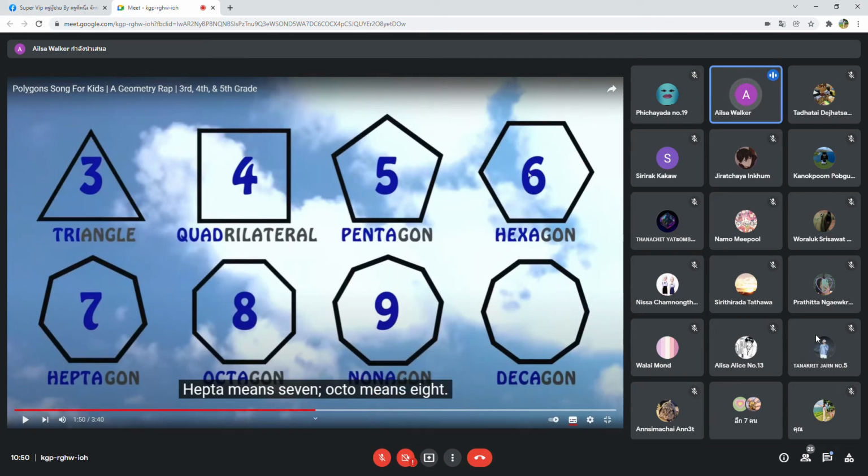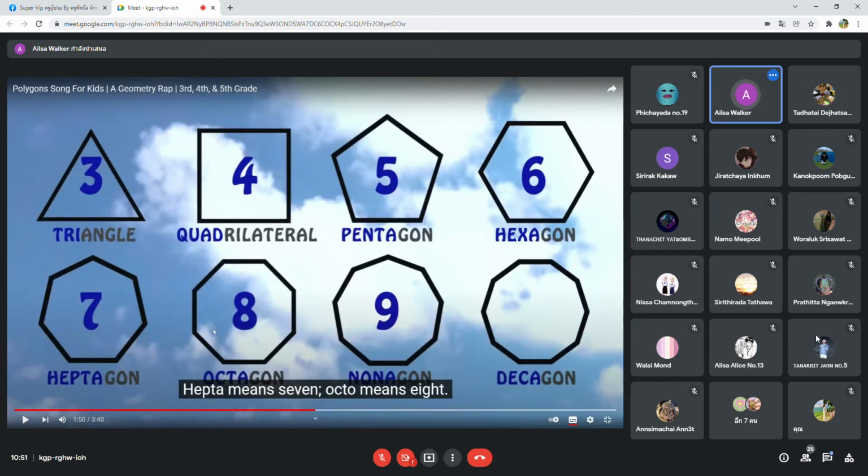What about a hexagon? Have a look. 6, yes. Okay, this one, heptagon. How many sides does a shape with hepta in it have? Have a look. 7, yes. Octagon, we looked at this shape before.